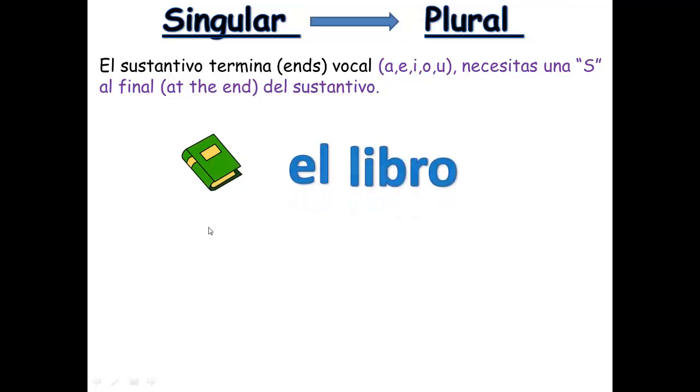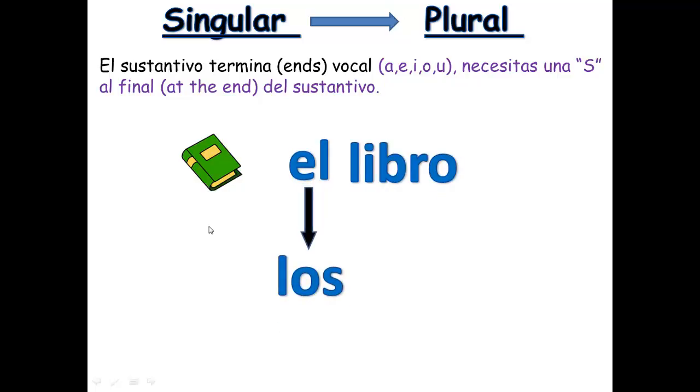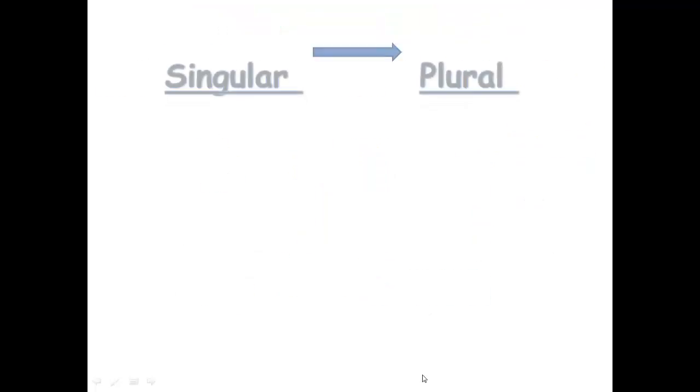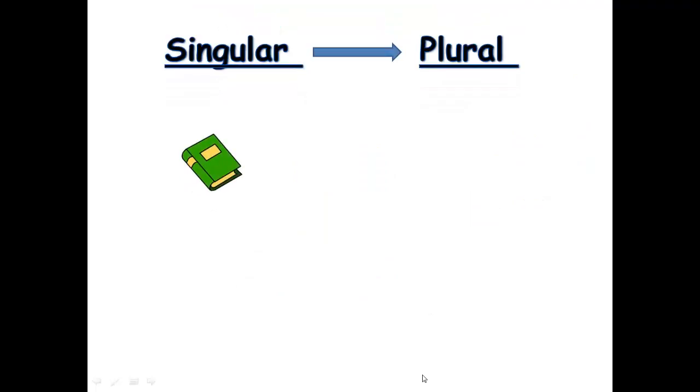So, for example, we've got el libro, and now el is going to become los, and libro ends in a vowel, so therefore you're going to add an s. And now these become los libros, the books. So, if it ends in vocal, añades una s. You add an s.